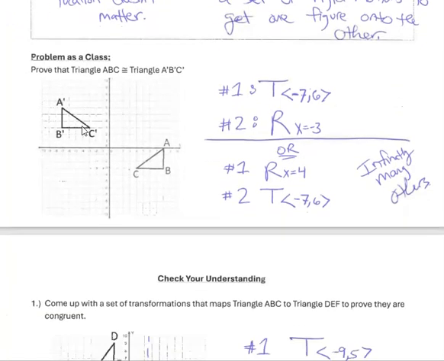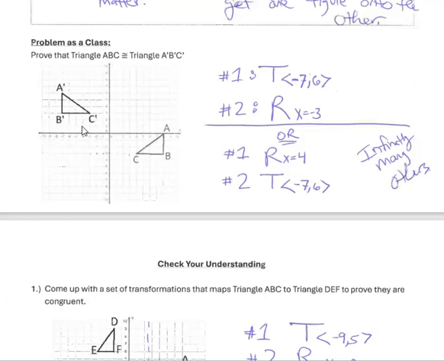So an example here for the problem that we did in class is trying to figure out if these two figures are going to be congruent. Well, if you can do translations, reflections, and rotations, some of them and none of the others, just as long as you use those things and can get one figure on top of the other, then they must be congruent. So one of the proofs would be a translation of -7/6 and then a reflection over x equals -3.